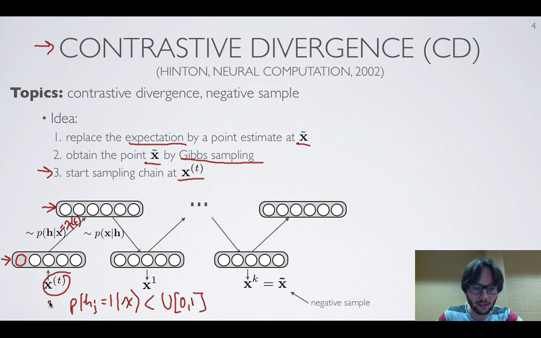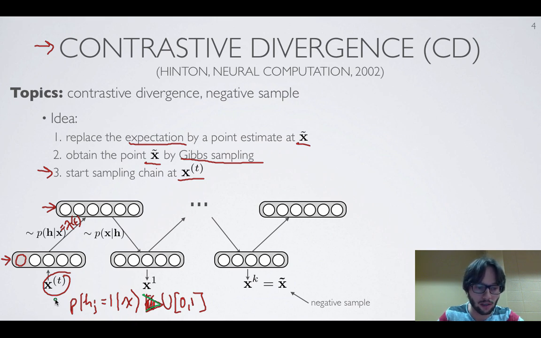Then, sorry, it should be the other way around: if the probability is greater than the value I've sampled from my uniform, then I set the jth hidden unit to 1, and otherwise I set it to 0.